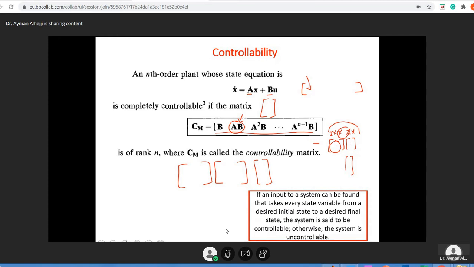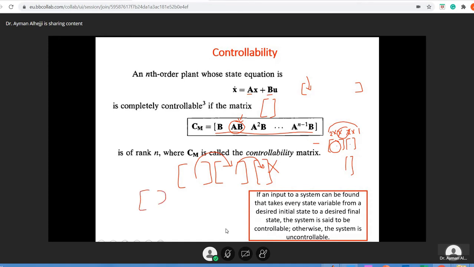As you know, matrix multiplication is not commutative. So you cannot multiply this A times B and then multiply A times B times this result. It gives you a wrong answer. You need to keep the order.